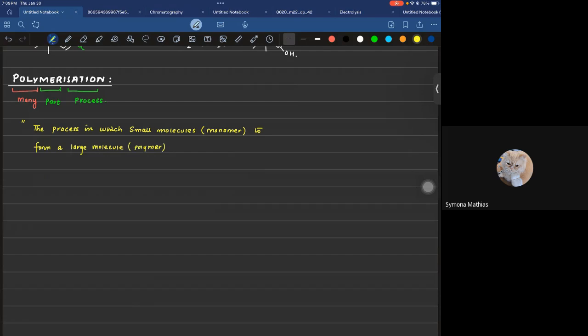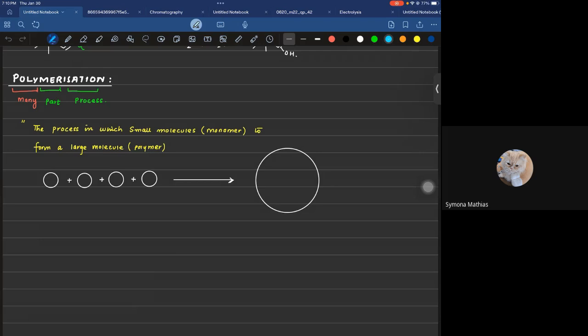So this is a smaller one, and then again you have a smaller molecule, and then again a smaller one. When they join together, they form a large molecule that is called polymer.